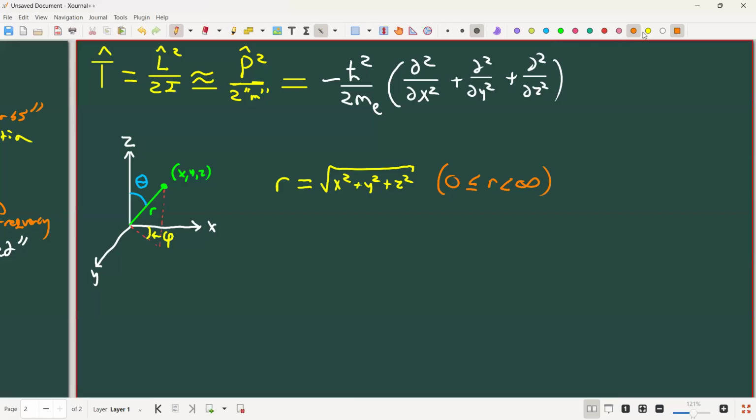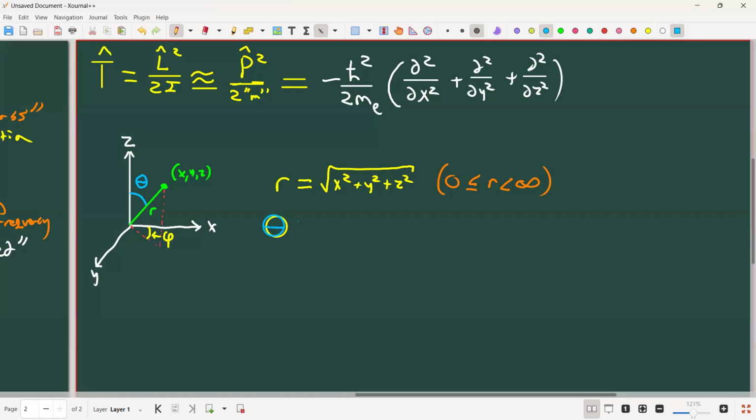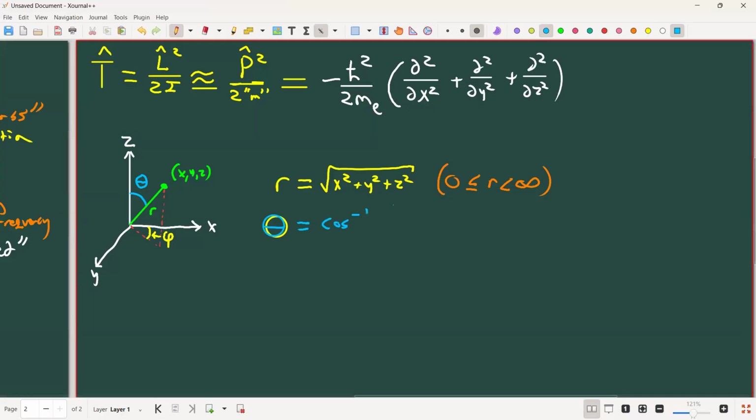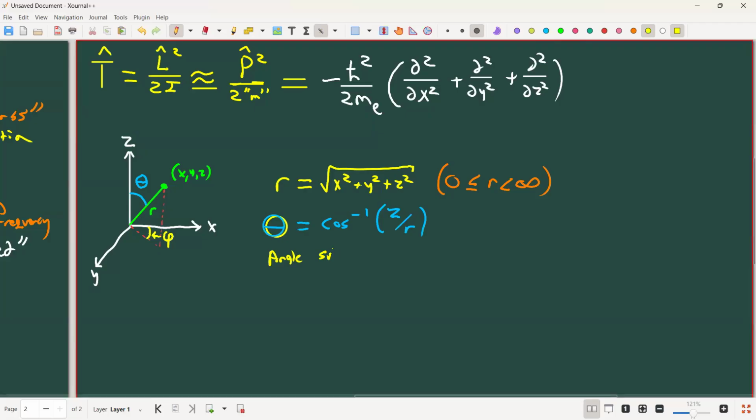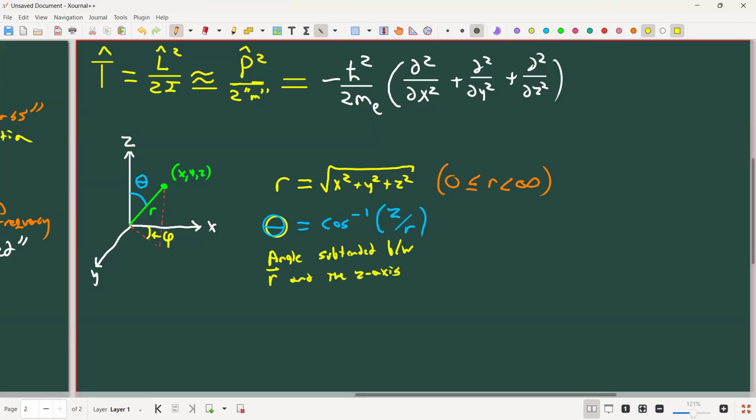There's the angle theta, which I've drawn in blue, sorry. And I'll give you a description of these in just a second. It's the inverse cosine of z over r. All right, so this is the angle subtended between r and the z-axis. Okay.